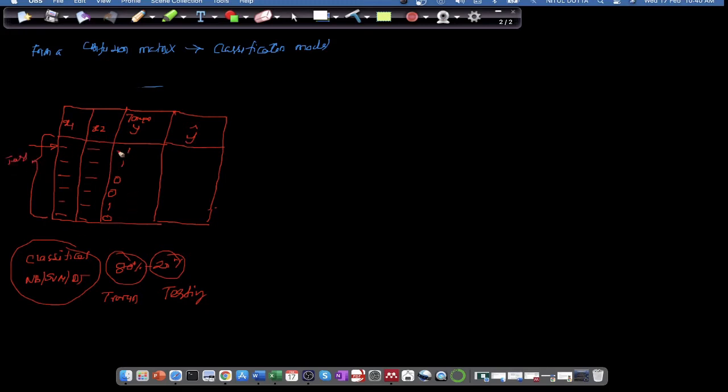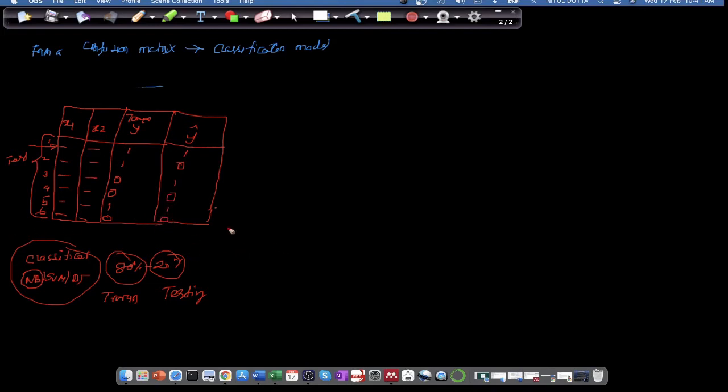In the test data there are 1, 2, 3, 4, 5, 6 data points, and we have applied the classification model, say naive Bayes, on the testing data set, and we found that this is evaluated to 1, this to 0, this to 1, this to 0, this to 1, and this to 0, right?